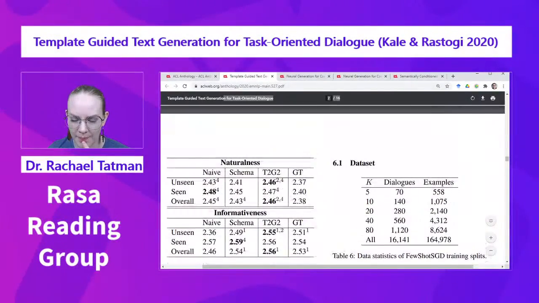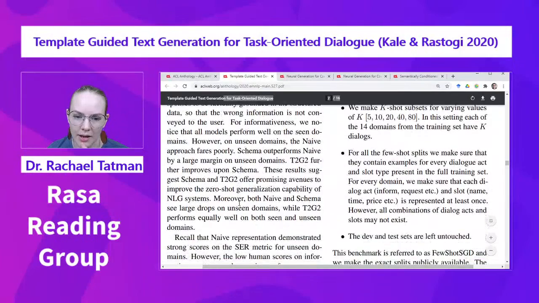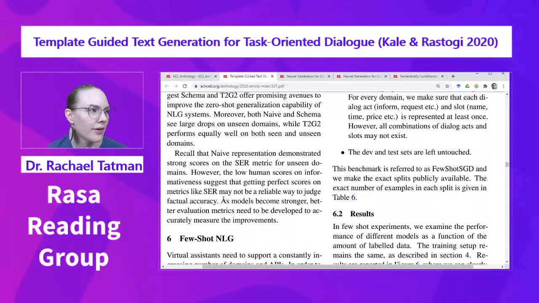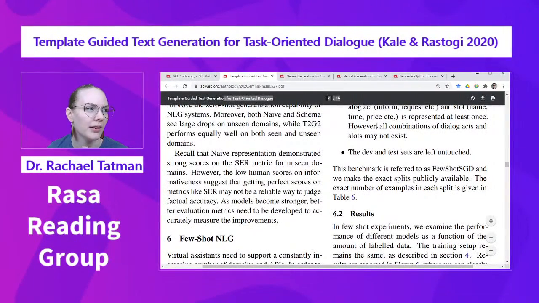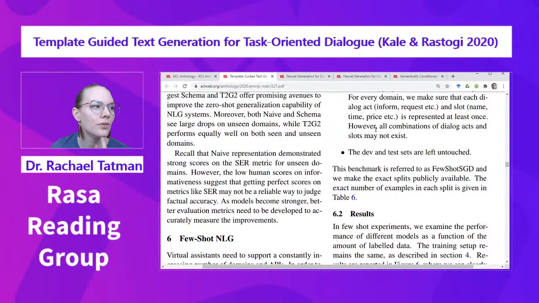All right, let's go back to where we were. Yeah, I am very happy they did this evaluation. I'm not entirely convinced by their argument that because SER did not pattern with this type of human evaluation, slot error rate didn't pattern with this particular type of human evaluation.